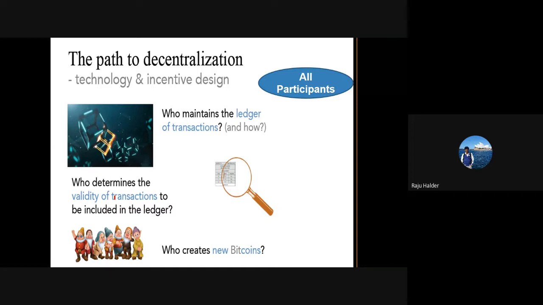But how to maintain? How to add information? After authentication, yes. So all this authentication, mining process, I will highlight. So consensus should be there, through which we can maintain that.